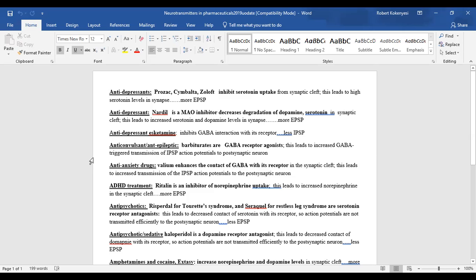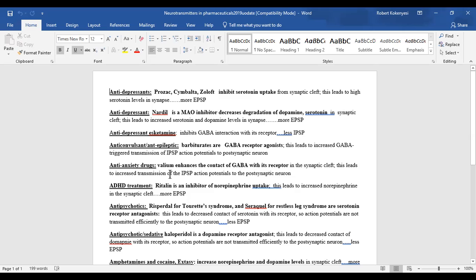What about anxiety? Well, anxiety is another type of overactivity, hyperactivity in our central nervous system. Let's take a look at Valium. We are aiming to lower the level of overall activity in our central nervous system, and Valium does this by making this inhibitory neurotransmitter work better with its receptor in the synaptic cleft.